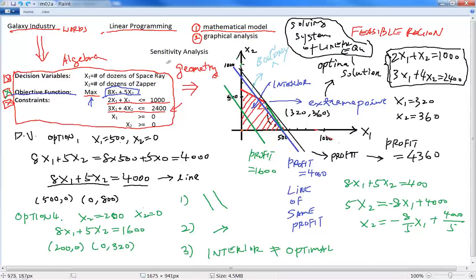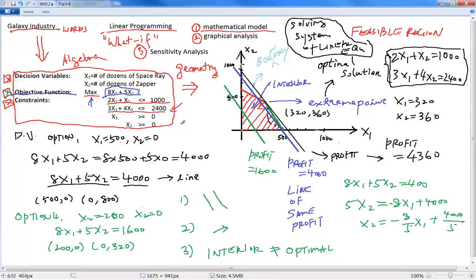So next, I want to introduce to you another topic called sensitivity analysis. It is also known as what-if analysis. So essentially, it's asking a bunch of what-if questions, such as, what if the $8 per dozen profit margin for space ray decreases? And what if we can acquire additional plastics for manufacturing? And what if we have fuller constraints?